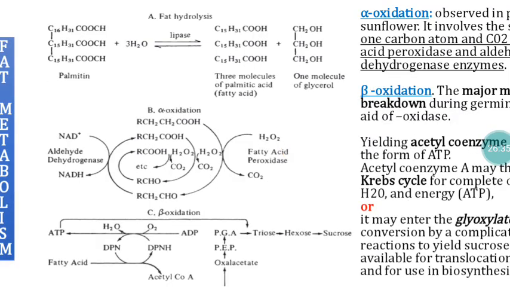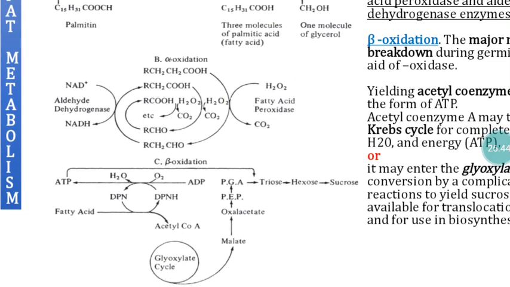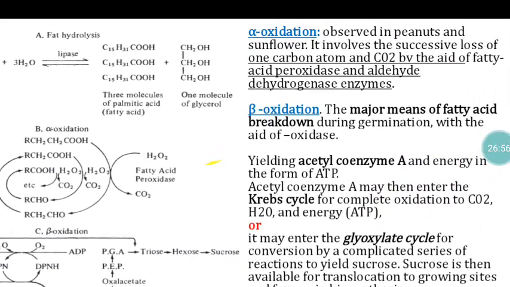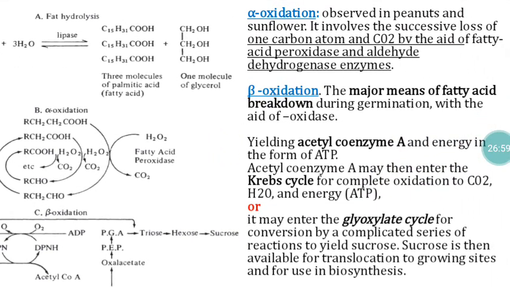With the help of the lipase enzyme, the fat will be divided into 3 molecules of fatty acid and 1 glycerol. Again, the fatty acids will undergo 2 types of oxidation: one is alpha oxidation, the other is beta oxidation. Alpha oxidation is not a commonly occurring event, but in some crops like sunflower and groundnut, occurrence of this particular event is recorded.